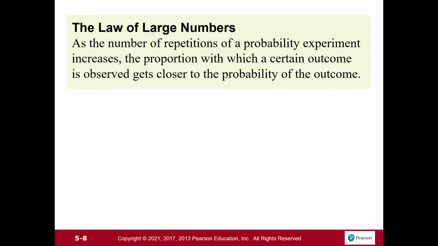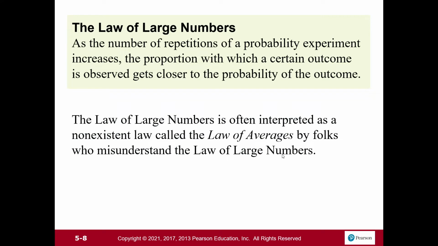And we know the probability of getting a heads is 1 out of 2, or 1/2. The law of large numbers is often interpreted as a non-existent law called the law of averages by folks who misunderstand the law of large numbers. Sometimes we call it the law of averages, but I guess more precise is the law of large numbers.